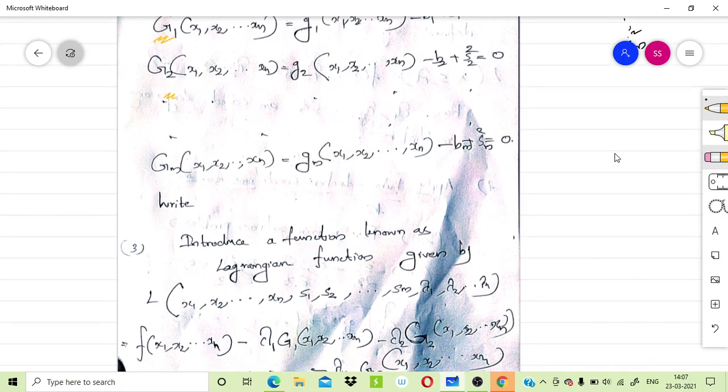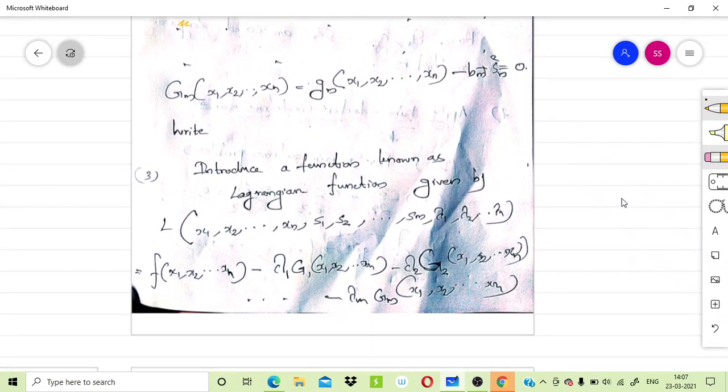Then step 3 is to introduce a new function, which is known as the Lagrangian function, capital L. It is a function of x1, x2, etc. xn, your decision variables, then the slack variables s1, s2, etc. sm, and a new variable, lambda 1, lambda 2, etc. lambda m.